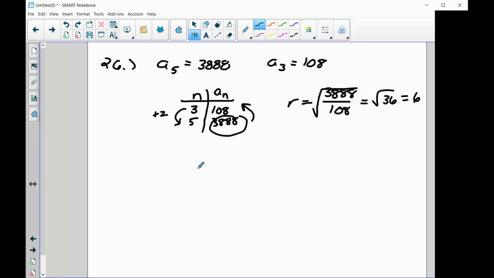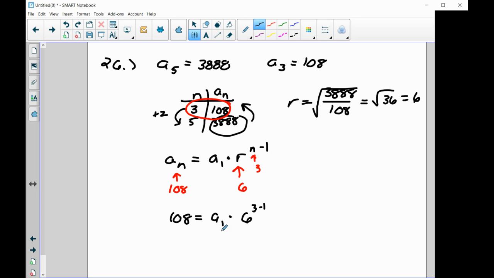So r is 6. And now to find a sub 1, I'm going to do the same thing that I just did with that last problem. I'm going to take the explicit rule, and pick one of the values to plug in for a sub n, and r we just found is 6. And so I'm going to go 108 equals a sub 1 times 6 to the 3 minus 1 power.